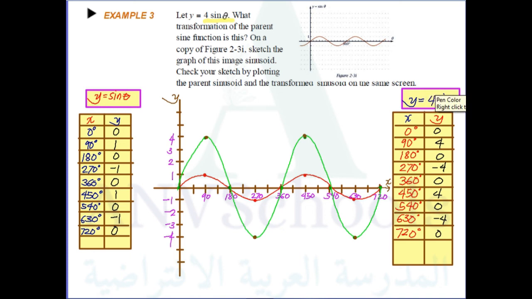Just to highlight, this is our y equals 4 sine theta, meaning that the amplitude of our parent function, y equals sine theta, increases by a factor of 4. So it was stretched by a factor of 4. So this is the answer for example number 3.